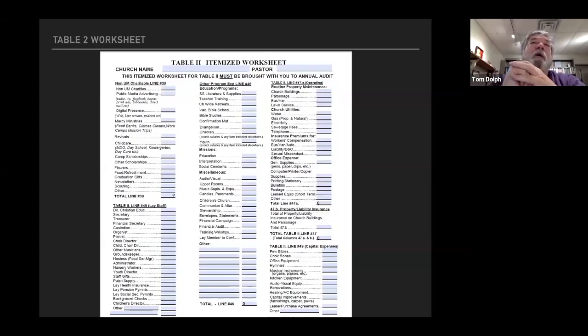So if there are things that you spent money on, but they're not specifically listed here, find the category that matches best and put it under the other category. Every expenditure of the church needs to end up on table 2 somewhere. And the total of table 2, when we get there, must equal the total of column C, the expenditure total on the fund balance report.